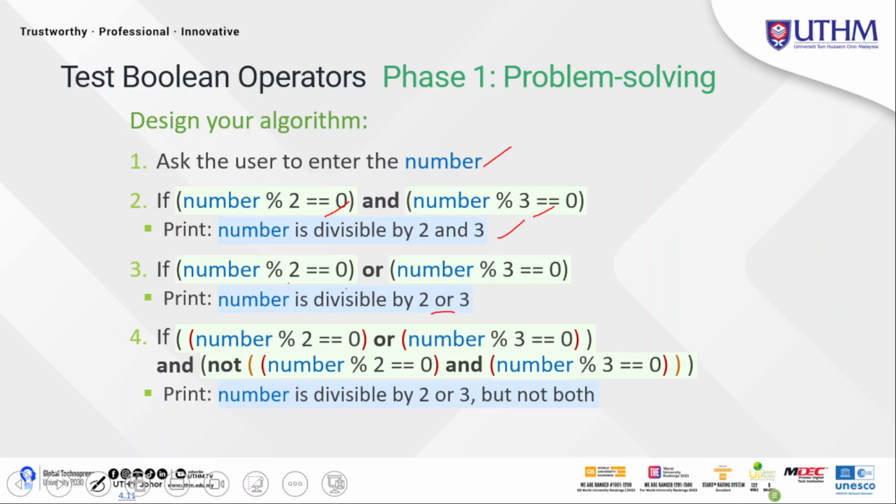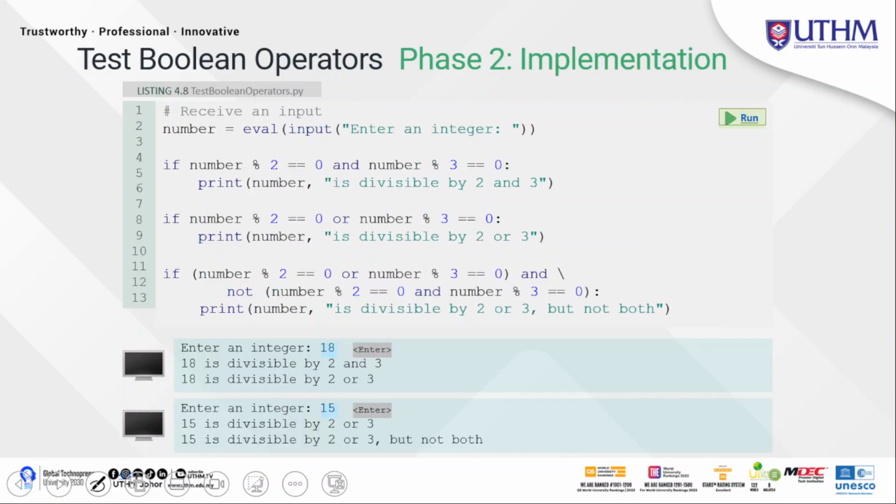The last one: if the number is divisible by 2 or divisible by 3 and not by both, the output says the number entered by user is divisible by 2 or 3 but not both. They are not divisible by both numbers, only either one.